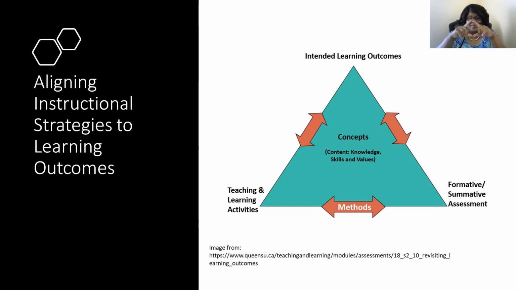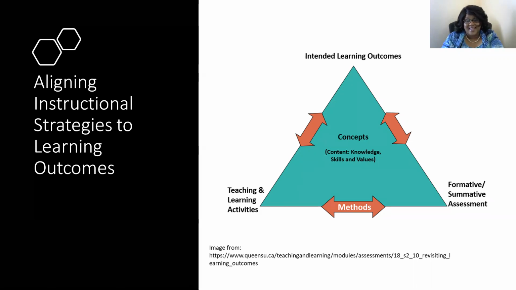So our relationship is that they are all related together. You can't pull one out and just have an assessment with the outcome and that measures, and you're not giving them a roadmap, which a lot of times it happens. Sometimes we have a great assessment for the outcome, but we never did do the appropriate teaching and learning activities to get the students to get to that area.